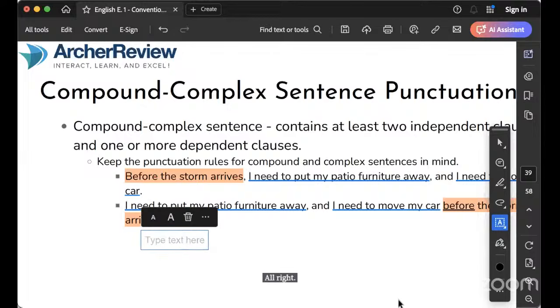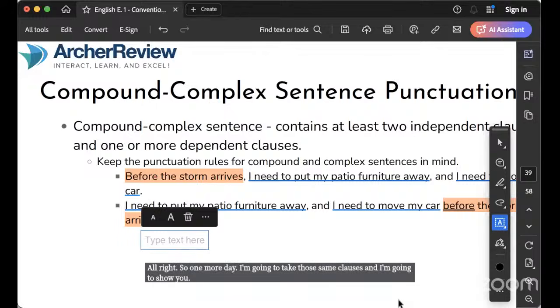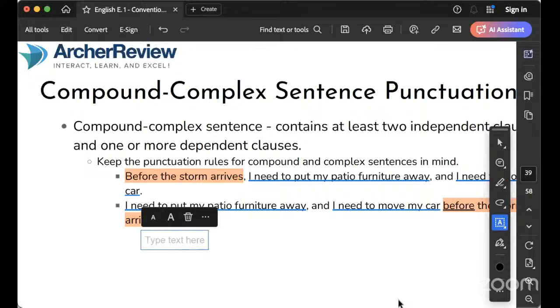So what I'm gonna do, I'm gonna take those same clauses and I'm gonna show you. Hold on. I need to think. Now this isn't ideal. This is not the best wording, but it's grammatically correct.